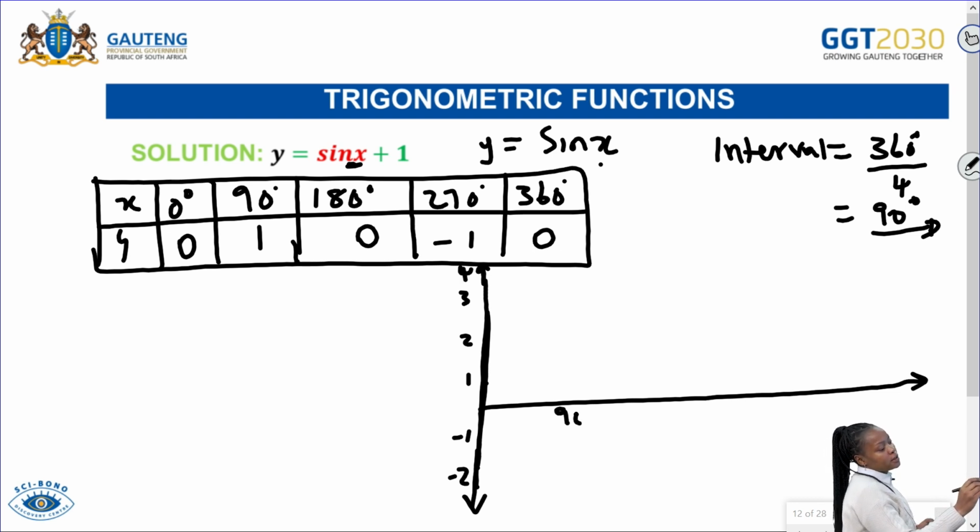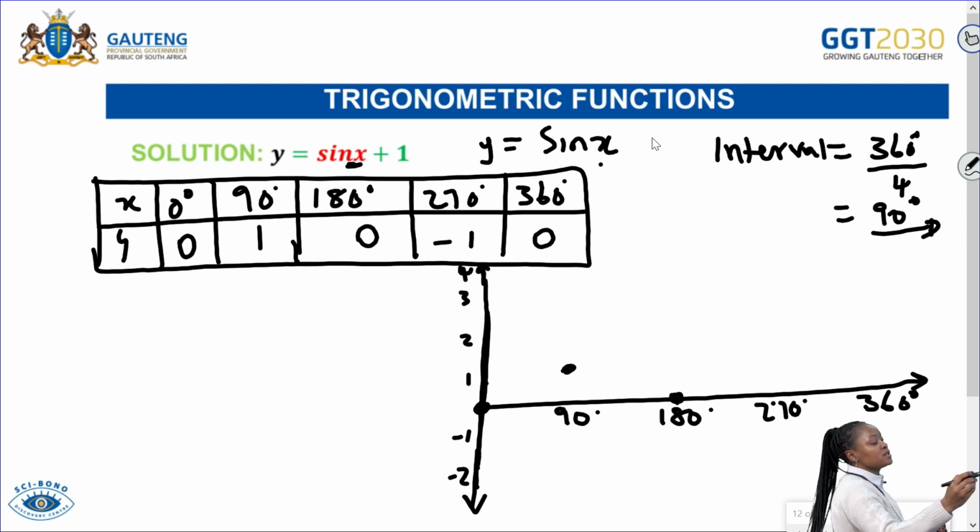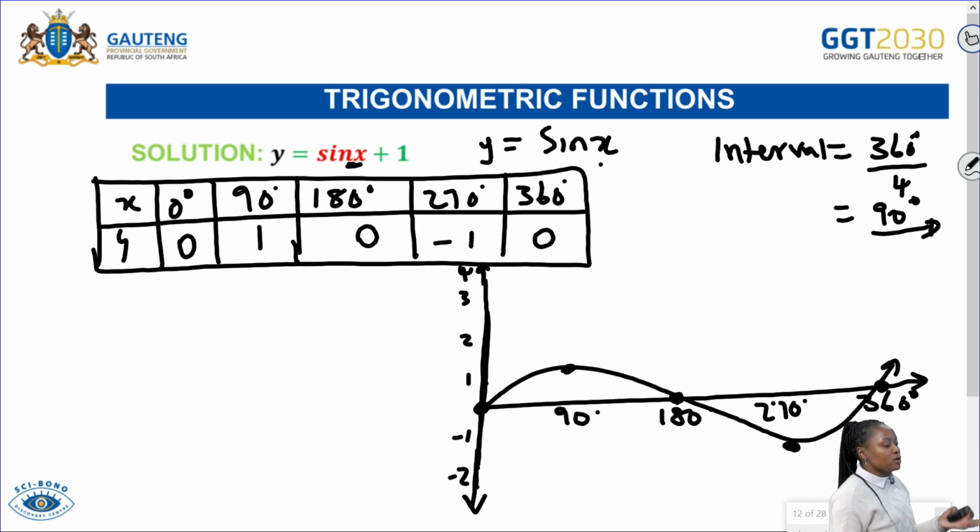I have 90, I have 180, I have 270, and then I have 360 degrees. So you will notice that at 0, you have 0. We have done this one. I'm just going to be a little bit fast. At 90, we have that. We have this. And then at 270, we have negative 1. And then at 360, we have 0. So it starts here. It goes like this. This is the original graph, or the mother graph of sin x, right?